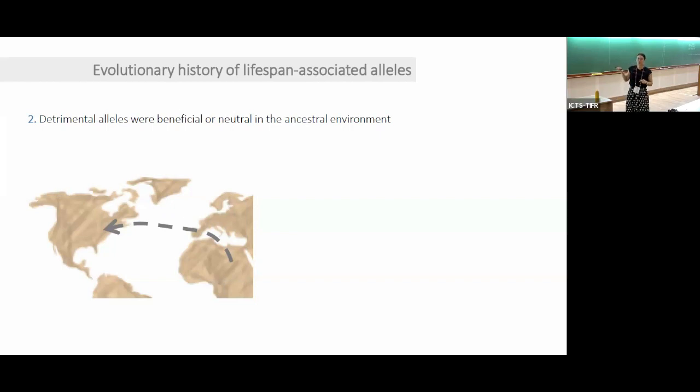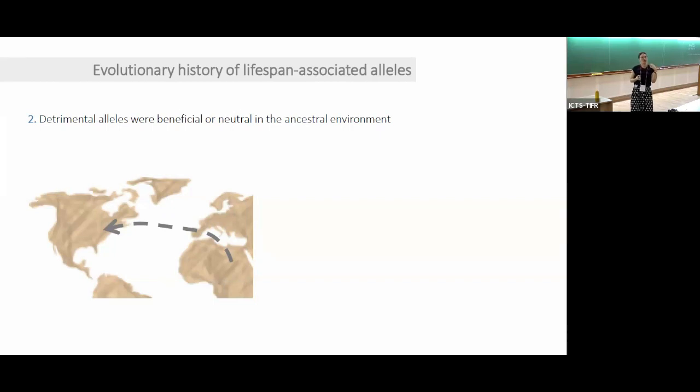So we know ancestral populations were there, and they migrated all over, including to the US, where our population comes from. So we thought, if we compare allele frequencies of our bad alleles today with allele frequencies in an ancestral population, maybe the differences might give us some information, right?